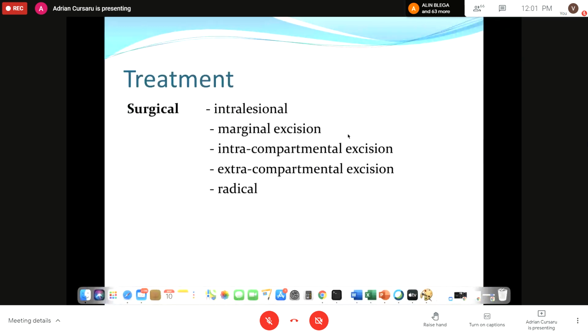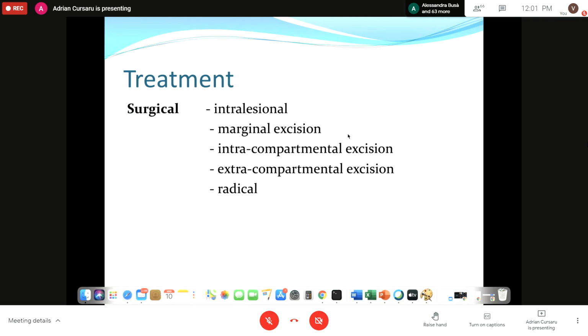The treatment. What's the treatment in our cases? It is very important. The treatment is according to the type of the tumor. It is very important to make a biopsy, and then to establish the type of treatment. The surgical treatment could be intralesional, marginal excision, or intracompartmental excision.